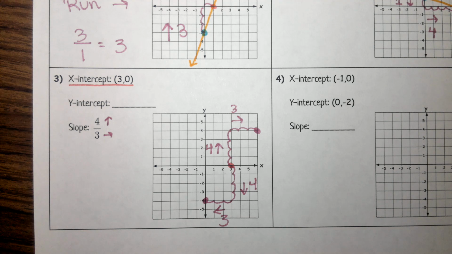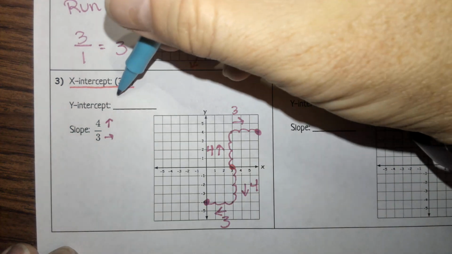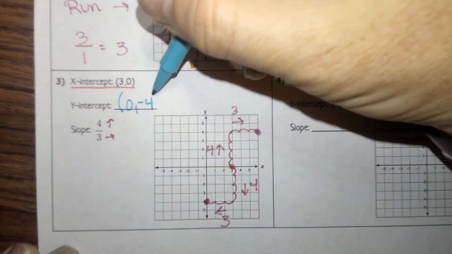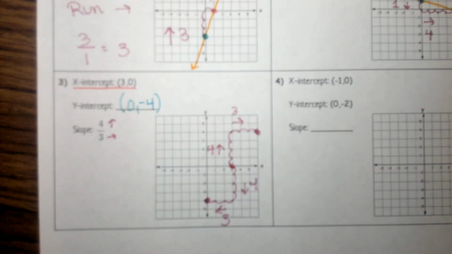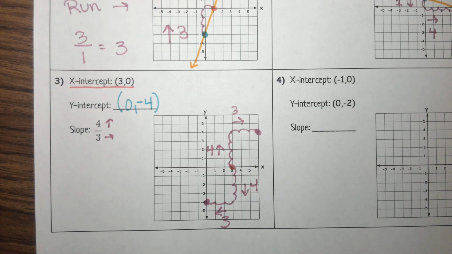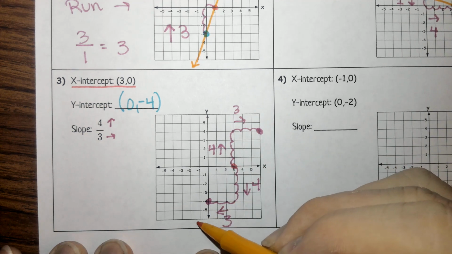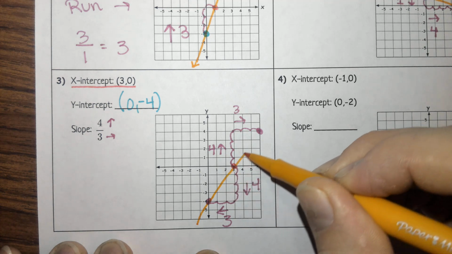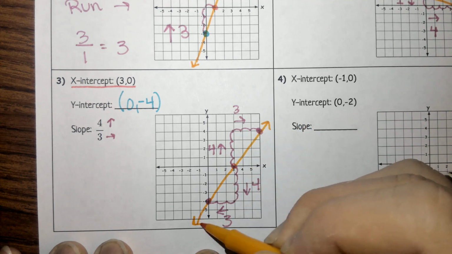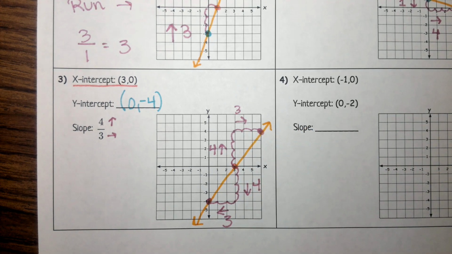So my y-intercept is very easy to see now. It is (0, -4). So now we have 3 points, which is even better. So I can connect all 3 points. And we have our line.